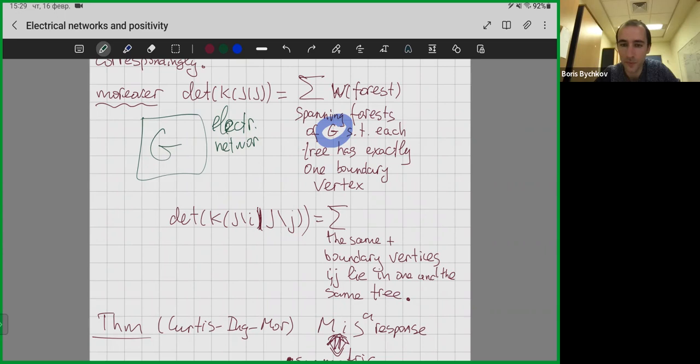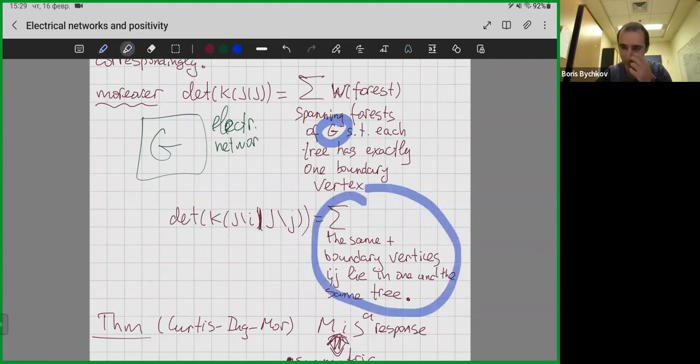In other words, each boundary vertex lies in one separate tree, and these two vertices with indices I and J lie in the same tree.